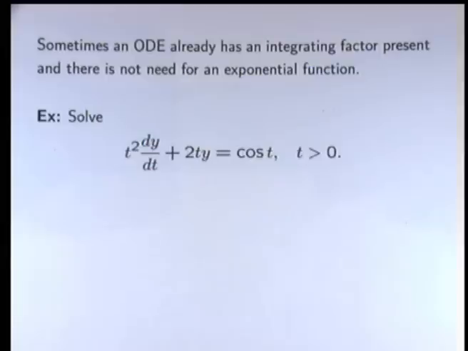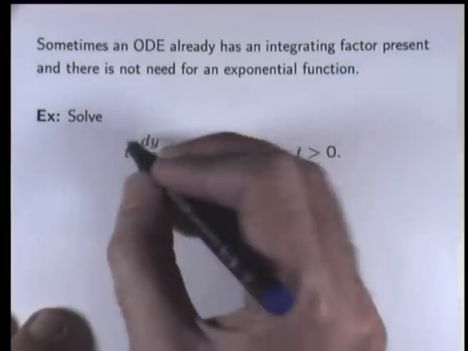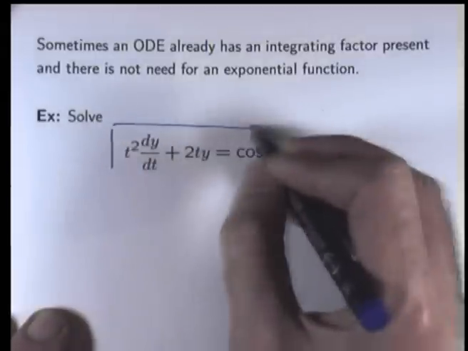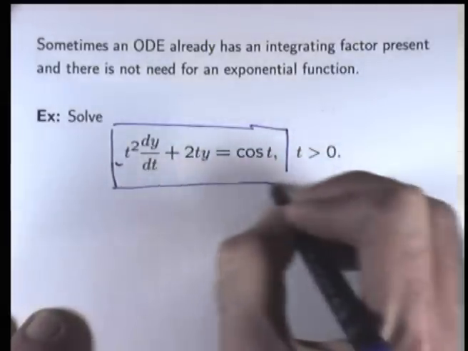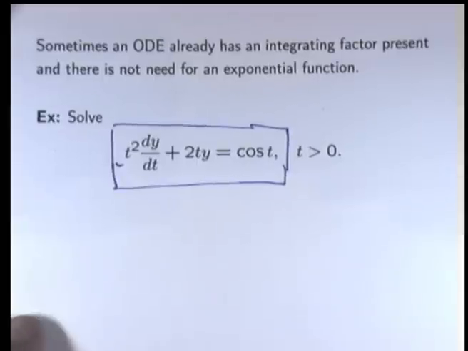Now an important point to note here is that when you're dealing with ODEs, common sense is a very good thing. In this particular problem, it's not in a linear form at the moment, but you can put it into a linear form.